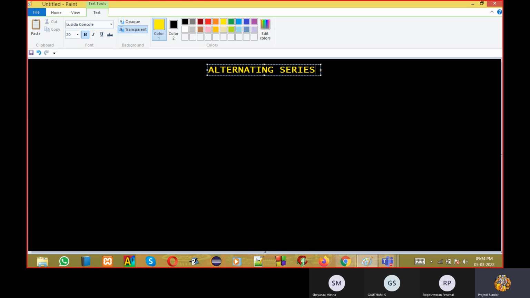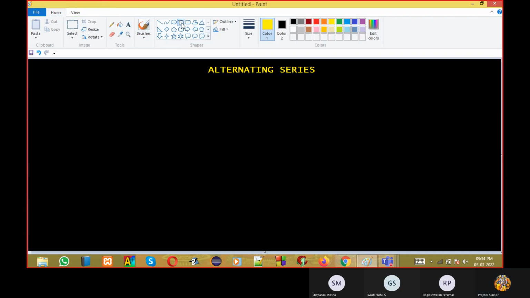Alternating series. Look at this very carefully. What is the meaning of the word alternating? Alternating means you have a series wherein you have plus and minus terms. That is called an alternating series.